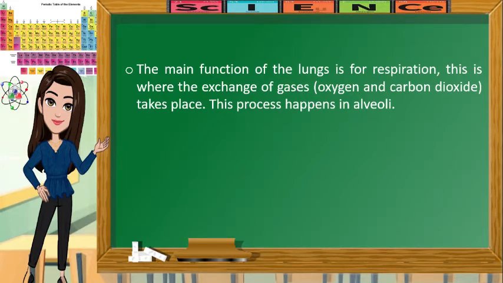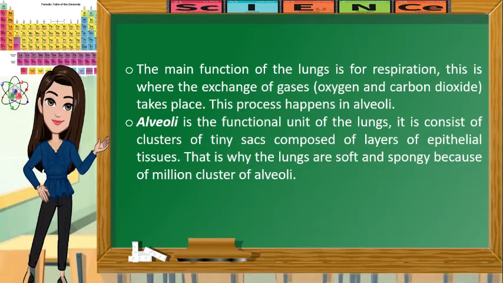This process happens in the alveoli. The alveoli are the functional unit of the lungs. They consist of clusters of tiny sacs composed of layers of epithelial tissue. That is why the lungs are soft and spongy, because of the millions of clusters of alveoli.